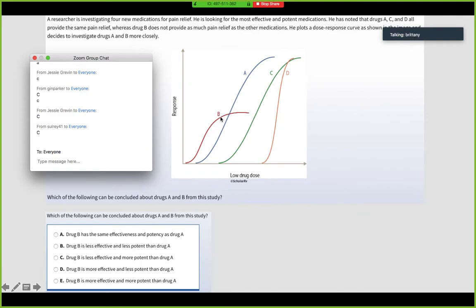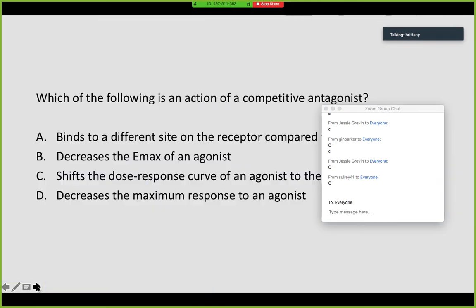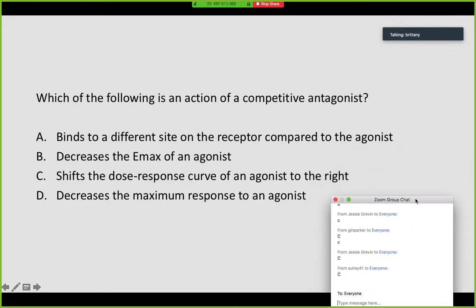But if you have a smaller EC50, so the dose response curve is shifted to the left, then that means the drug is more potent. So if you get that, this should be an easy question tomorrow. Okay, which of the following is an action of a competitive antagonist?